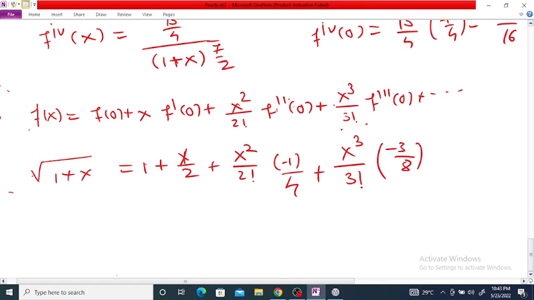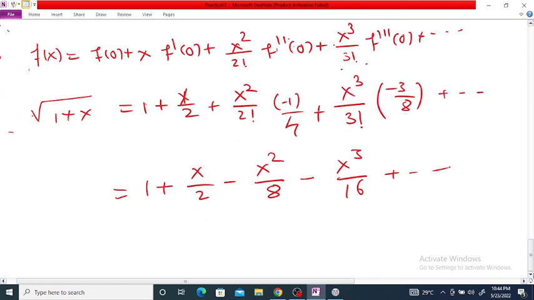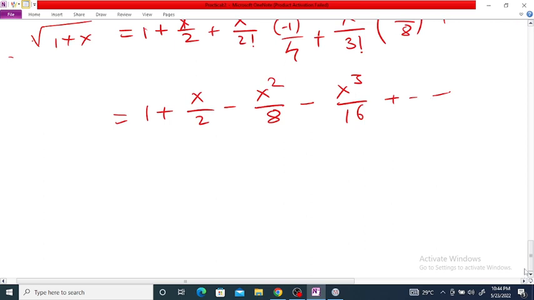So if you simplify this, it is 1 plus x by 2, then x square by 8 since 2 factorial, then 3 factorial is 6, so it is minus x cube by 16, and so on. So this is the Maclaurin series or Taylor series expansion at x is equal to 0 of square root of 1 plus x.